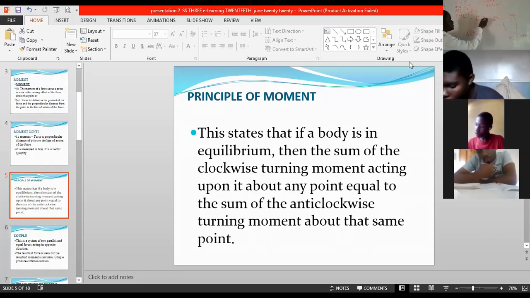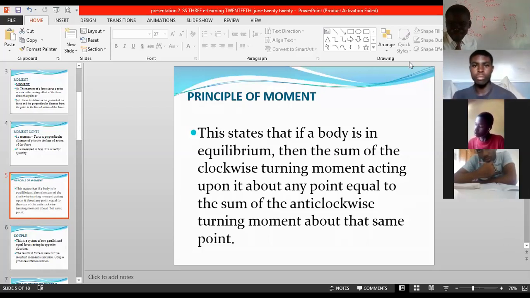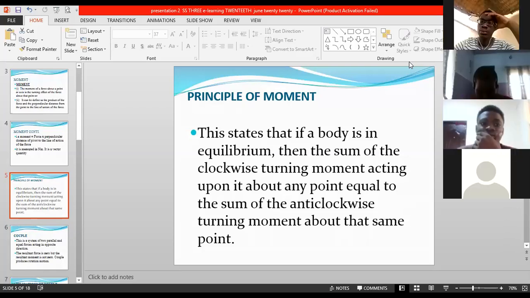Let's assume at this point is 2 centimeters. What will be the distance from 50 to 2? Oyafi, what will be the distance from the pivot to 2? Oyafi, say something. Aliu, help her.